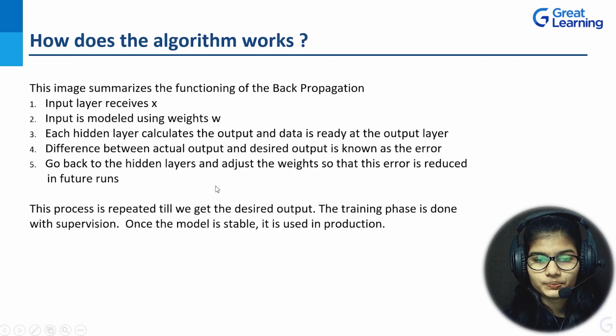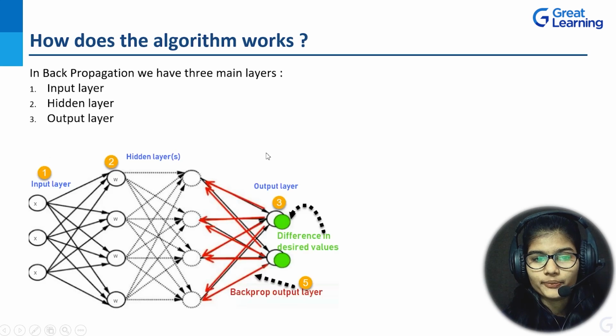Next, each hidden layer calculates the output and data is ready at the output layer. Whatever hidden layers we are having, each and every hidden layer calculates the output. Whatever final output we are having is shown to us in the output layer.